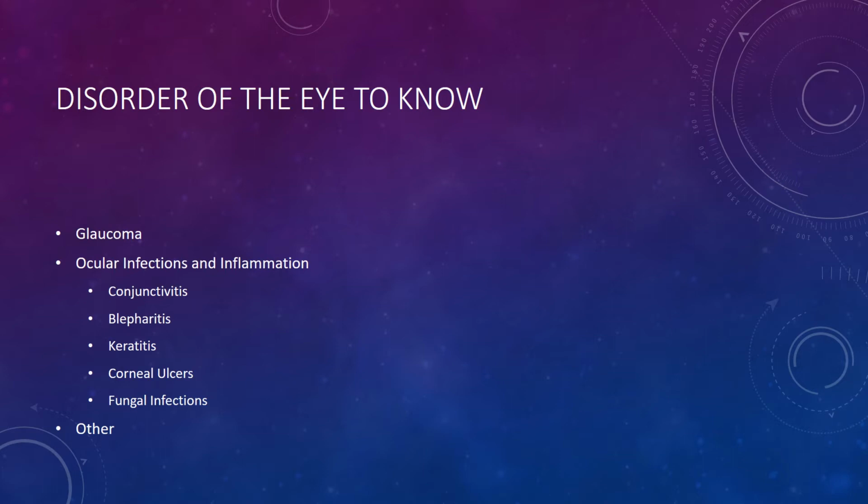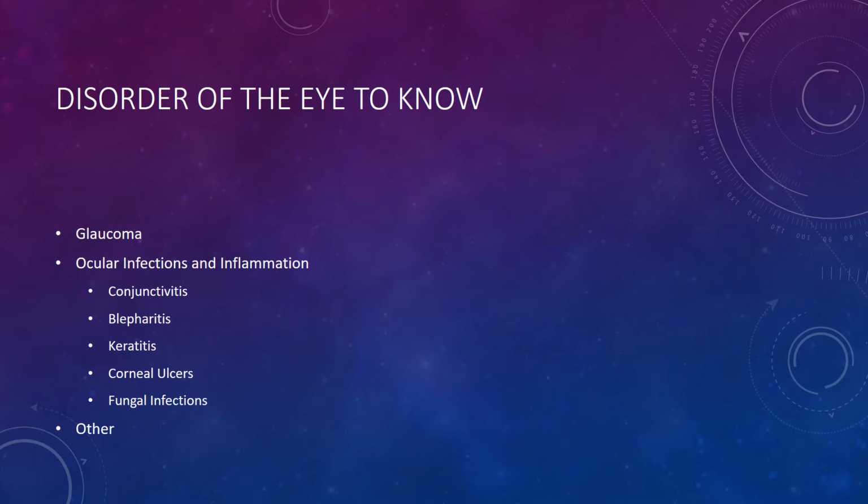Keratitis is inflammation of the cornea, and that can result from infection with microorganisms. It can be trauma, allergy, ischemia, and drying of the cornea due to inadequate lacrimation or tearing. It's characterized by irritation and an increased tear production and photophobia.